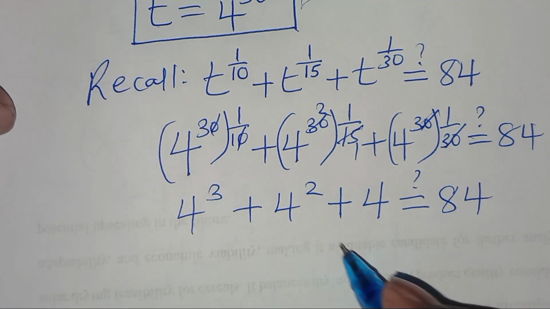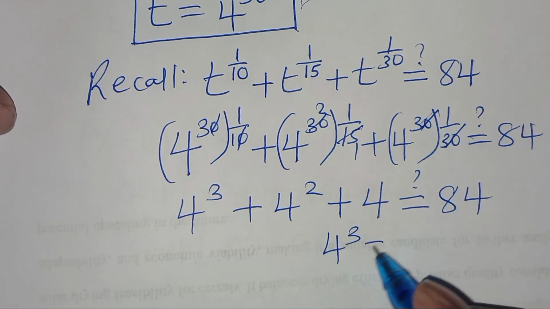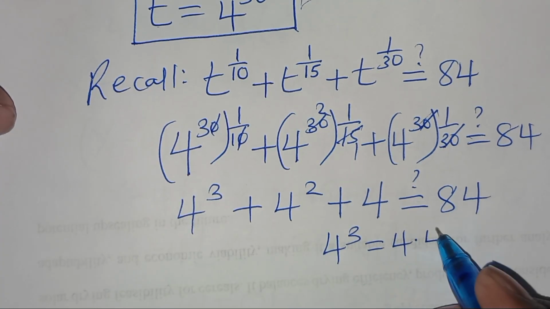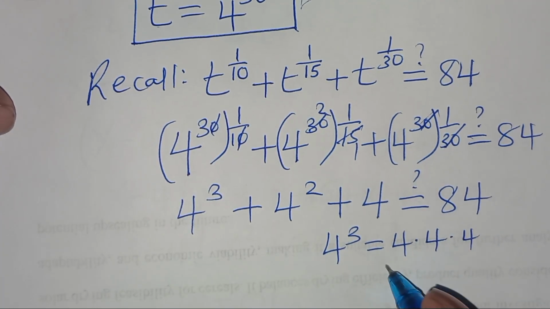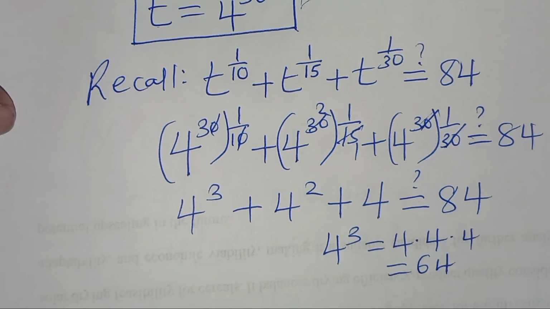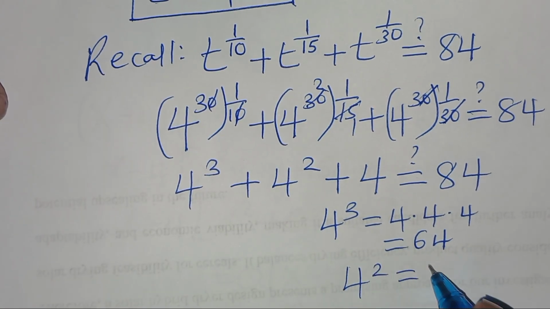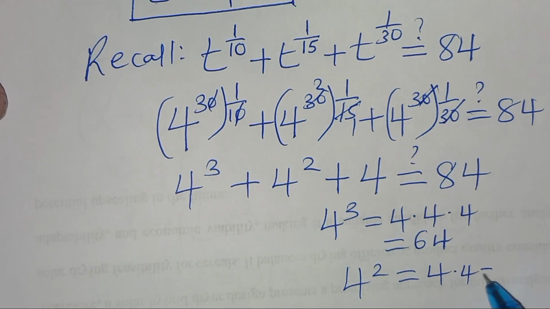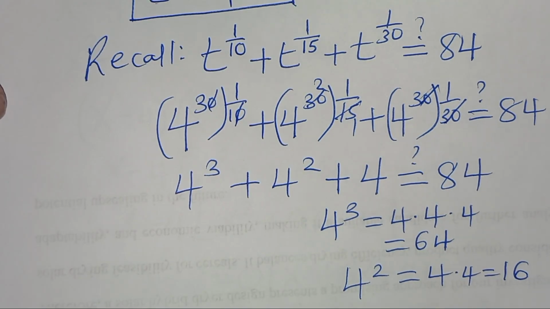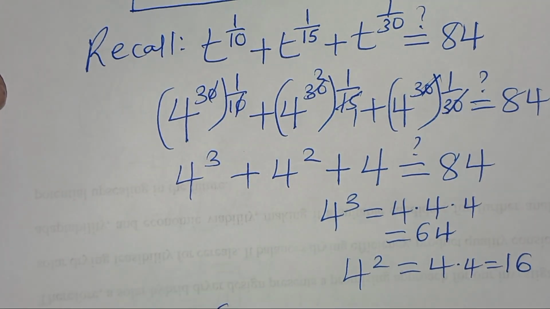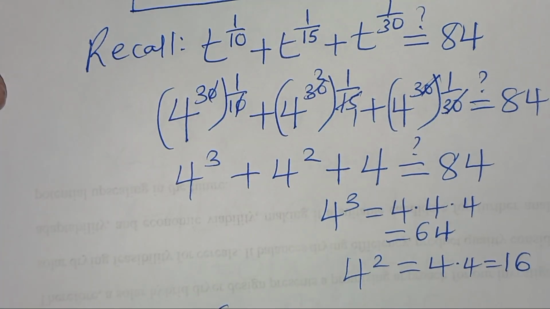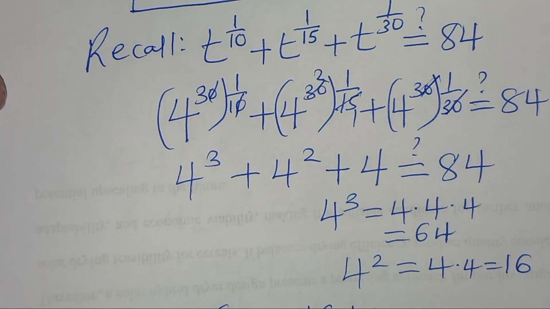Now 4 to the power 3 here, this is the same thing as 4 times 4 times 4, and this is equal to 64. 4 to the power 2, this is equal to 4 times 4, and this is equal to 16. So this implies that here we have 64 plus 16 plus 4.